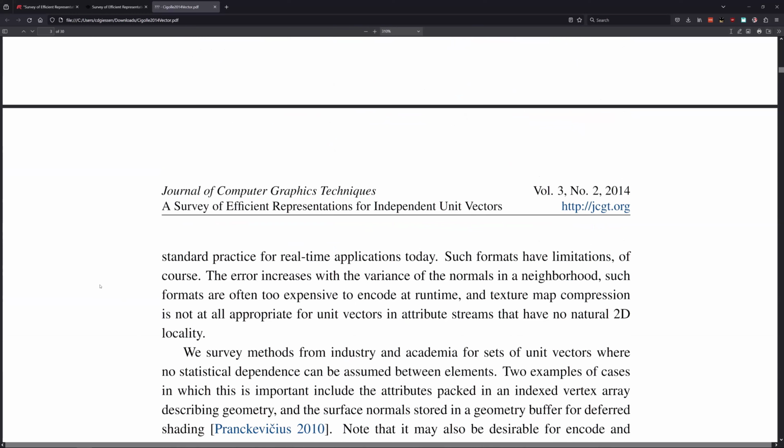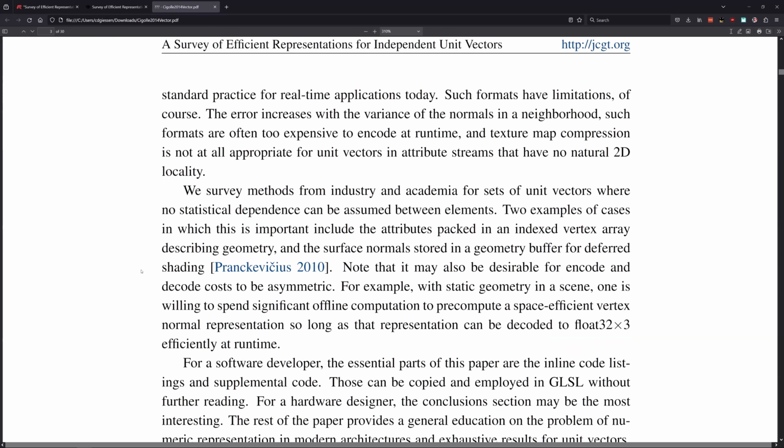You can do both, but just using compressed textures is an easy win. But if they don't have statistical dependence, then we want to survey those methods.